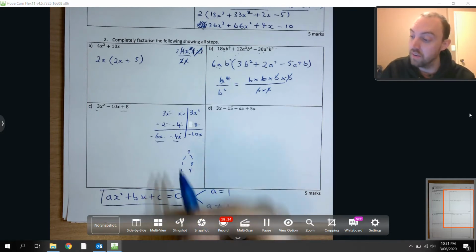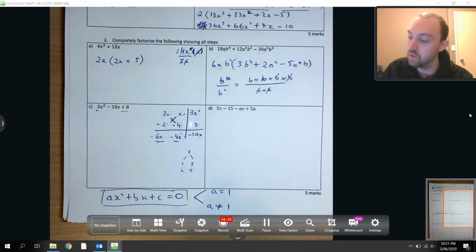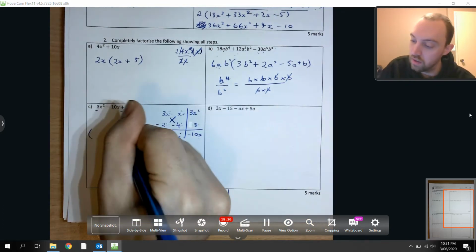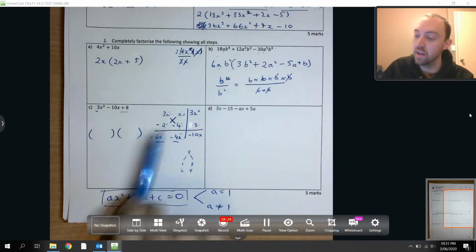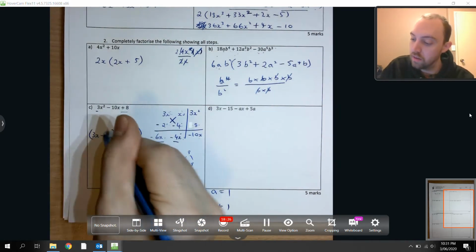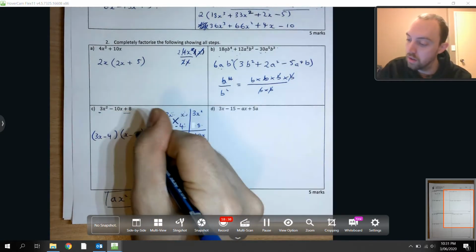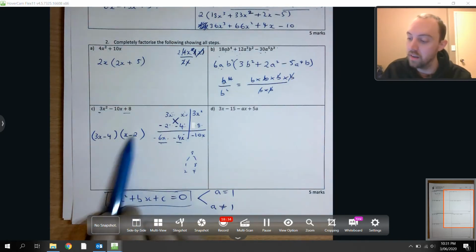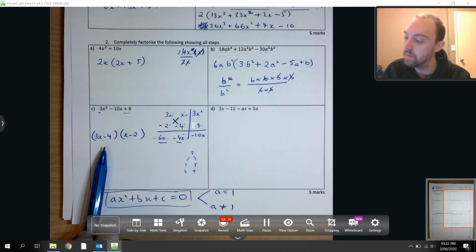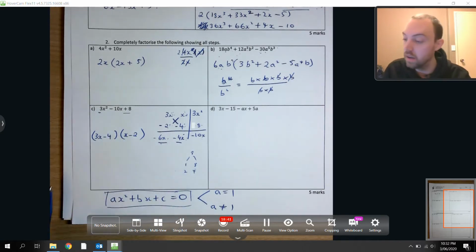So we have our answer, but we're going to join them up in crosses in two sets of brackets. So diagonally they're going to go together. I have 3x, take 4, and x, take 2. And when I multiply these out, then I should get my quadratic here.